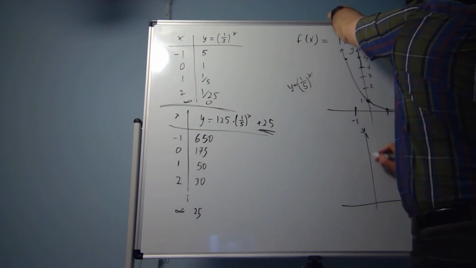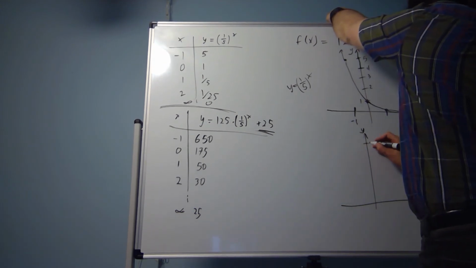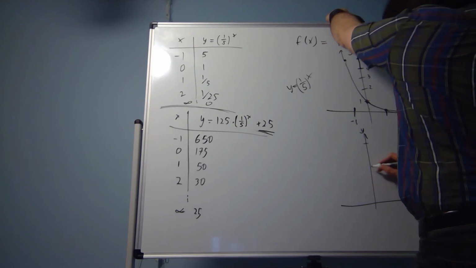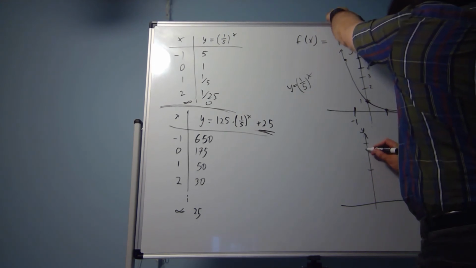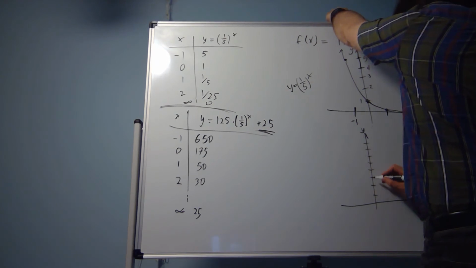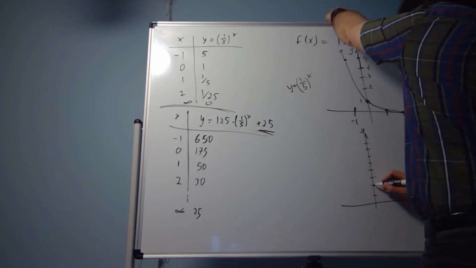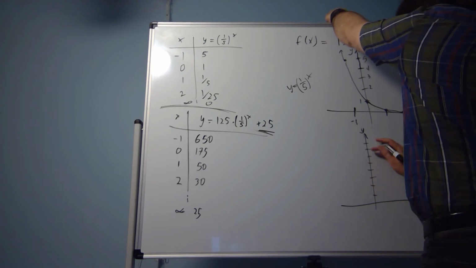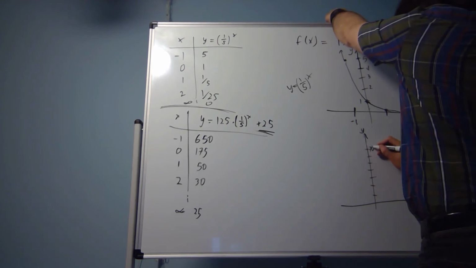And what do we have? Here's 1, 2, 3, 4, 5, 6, 7. So that's 700.